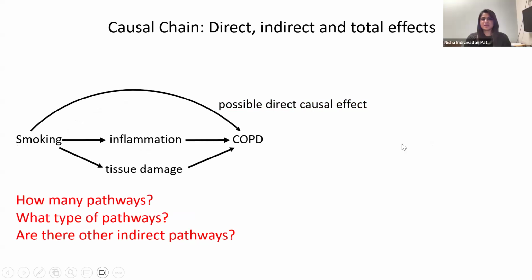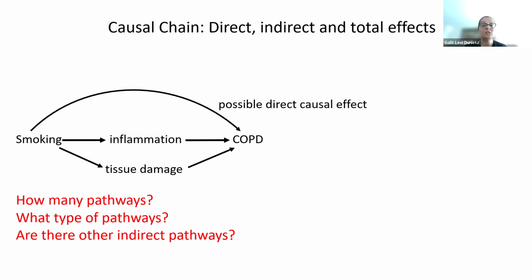Is it 3 pathways? 3 pathways. Yes. So which one is the direct pathway? Smoking going straight to COPD. And what are the other 2? The indirects are smoking causing inflammation leading to COPD, or smoking causing tissue damage, and that's causing COPD.